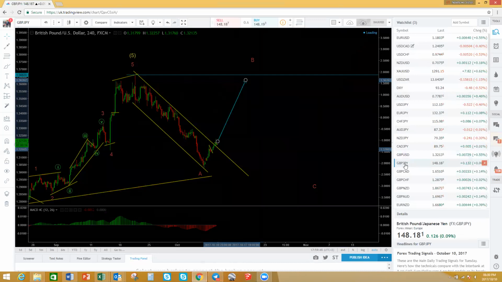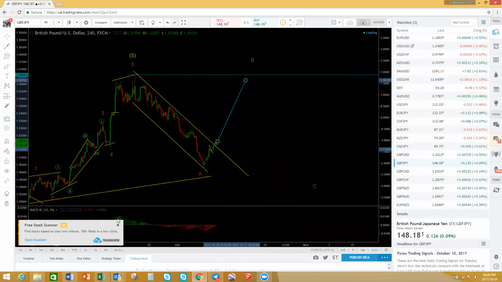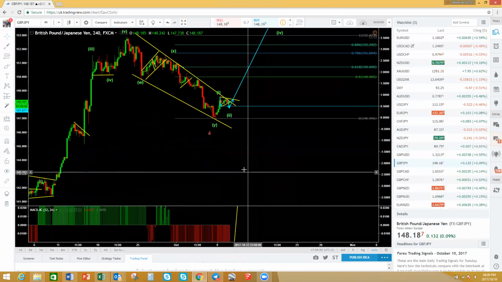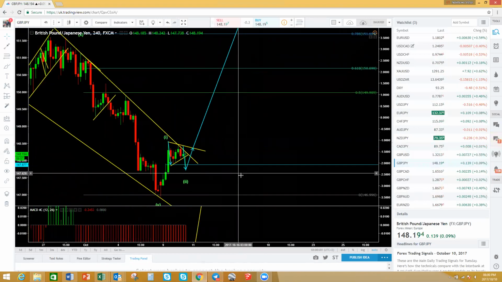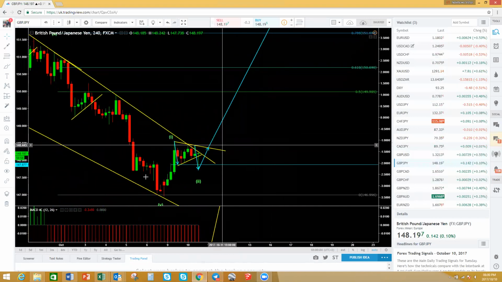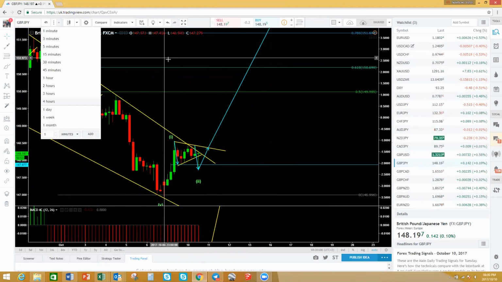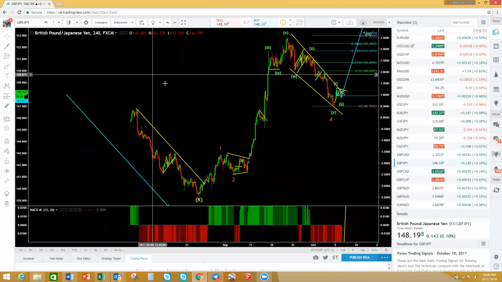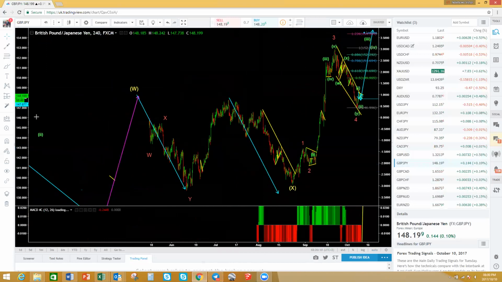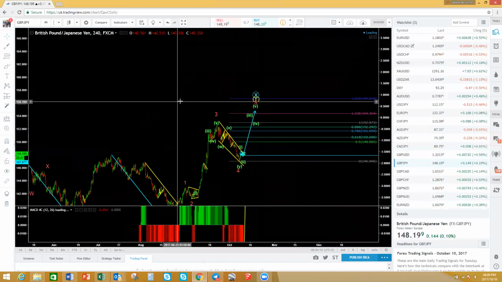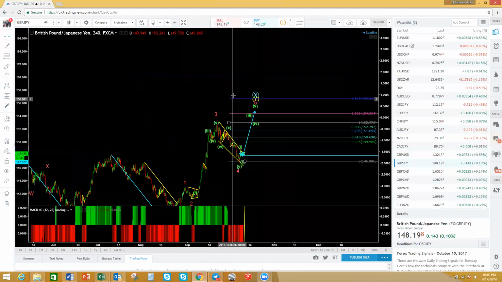I'm going to show you something very interesting on pound JPY and how powerful these patterns are. This is what makes understanding Elliott wave better. Before I show you what I have here, let me show you the long term.